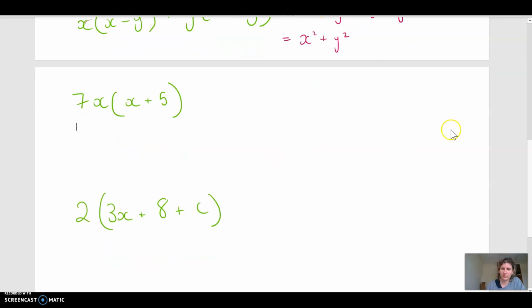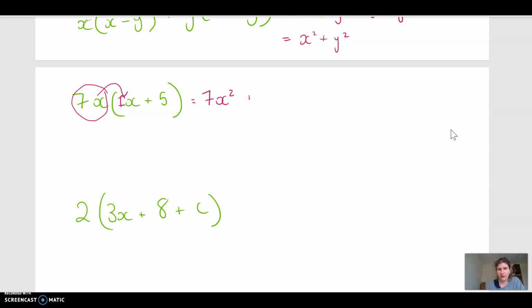All right, if we look at the next one, we've got 7x times by x plus 5. Now, again, we're multiplying all of this by 7x. Now, if there was a number in the front here, you would times the 7 and the number there. There's really a 1, so we'll write the 1 in. So 7 times 1 is 7. x times x, we know that that's x squared.